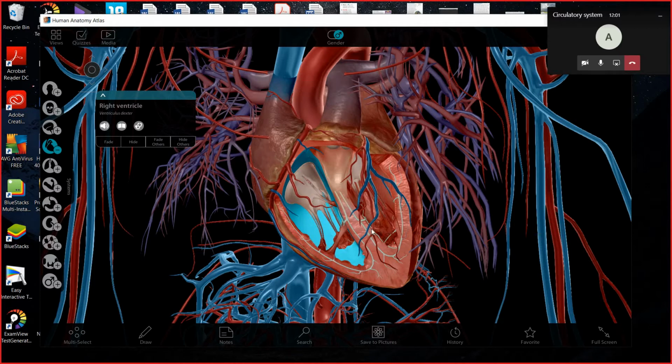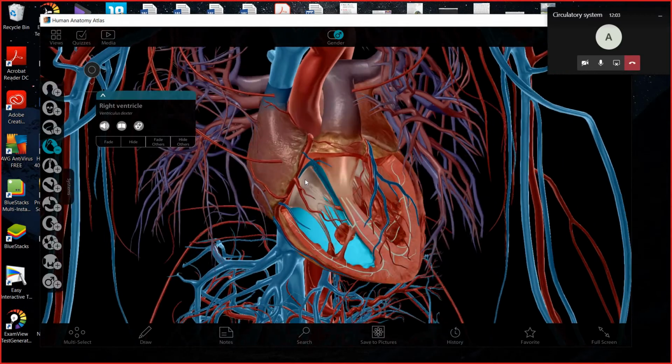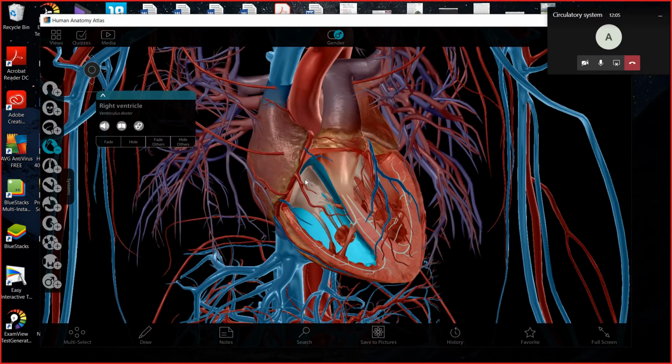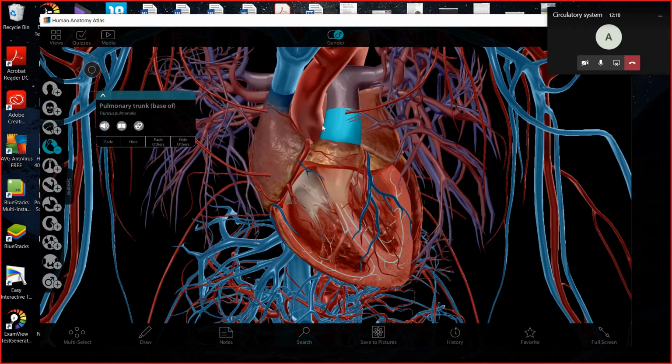And then, to the heart, there are many major veins and arteries, or blood vessels, that are connected to the heart. Here we have the pulmonary artery, and try to remember this name because today we are going to use it.